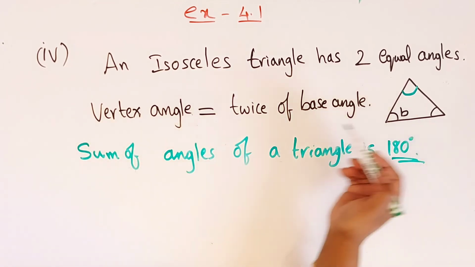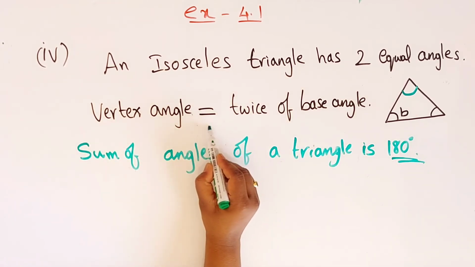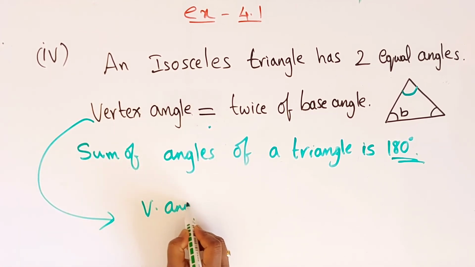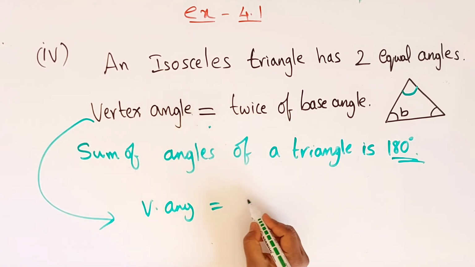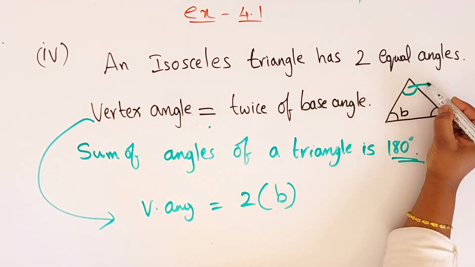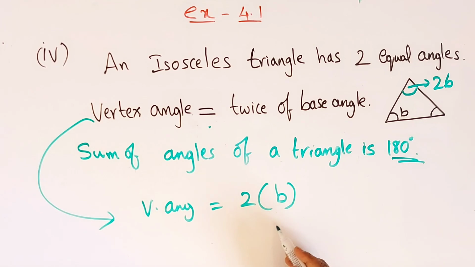That means this angle is twice of base angle means vertex angle is twice of base angle, 2 times of B. Right, this is base angle, 2 times of B. That means this is 2B children. Right, this is 2B.